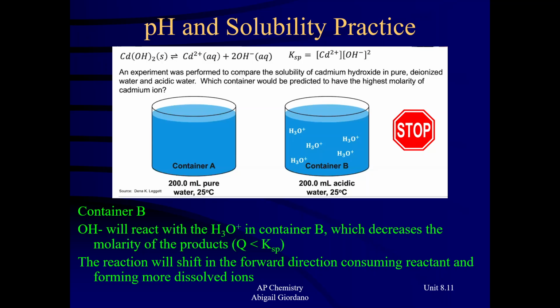That means an increased solubility of this salt and increased molarity of that cadmium ion. So that would be a great example of a free response question you could see dealing with this concept.